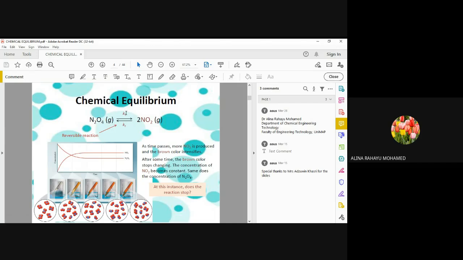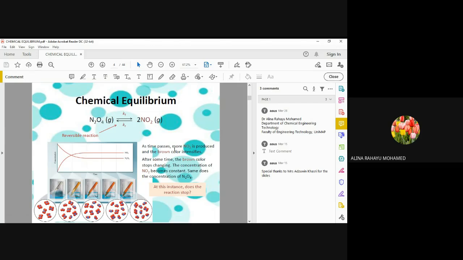Kf is the rate constant for the forward reaction, from N2O4 to form NO2, and Kr is the constant for the reverse reaction, for the formation of N2O4 from NO2.